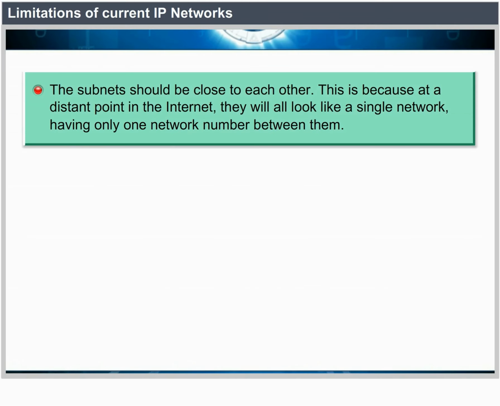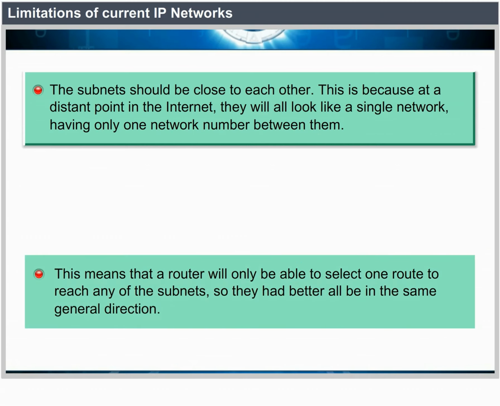This is because at a distant point in the internet, they will all look like a single network, having only one network number between them. This means that a router will only be able to select one route to reach any of the subnets, so they had better all be in the same general direction.